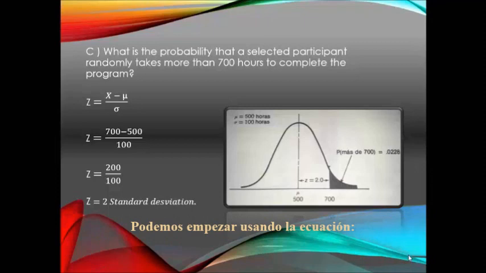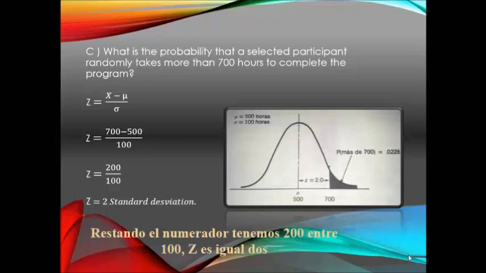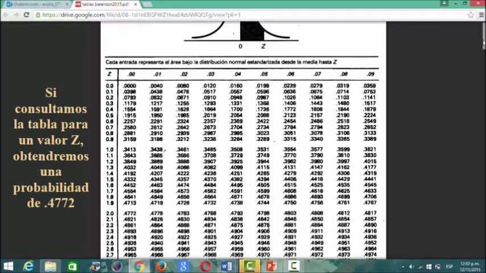We start using the equation. Z is equal to X, in this case 700, less mu, that is 500, divided by sigma, which is 100. In the numerator, we have 200 divided by 100, so Z is equal to 2. If we go to the table for a Z value of 2, we find a probability of 0.4772.